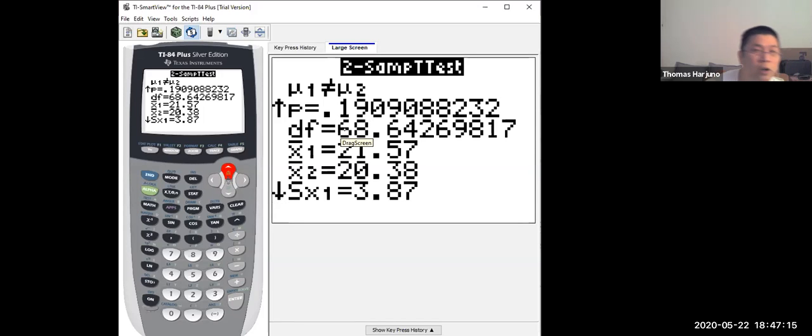The formula for degree of freedom for two samples is actually very, very complicated. It actually depends on the standard deviations they have too. But to make our computation a lot easier, we just choose the smaller degree of freedom between the first group or the second group.